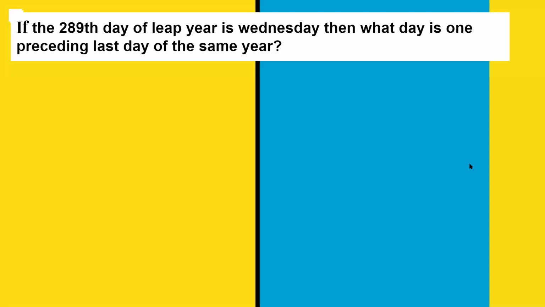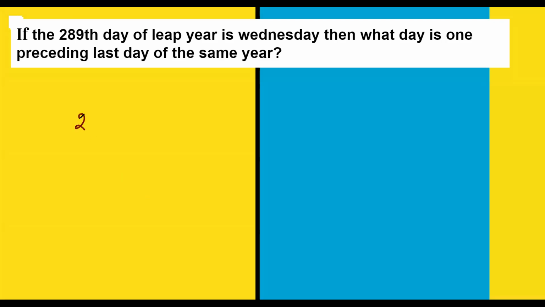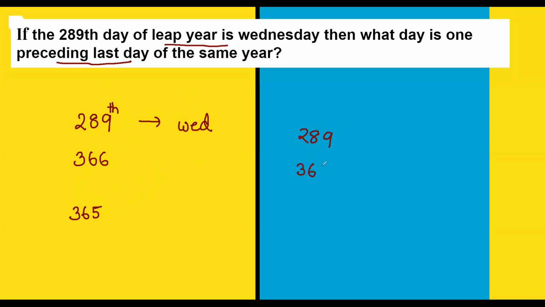Now see this question. It is saying the 289th day of the leap year is Wednesday. It is a leap year, so it will have 366 days, but it is asking about the preceding last day. So the preceding last will be the 365th day, because 366 will be the last day. So now 289 and 365.